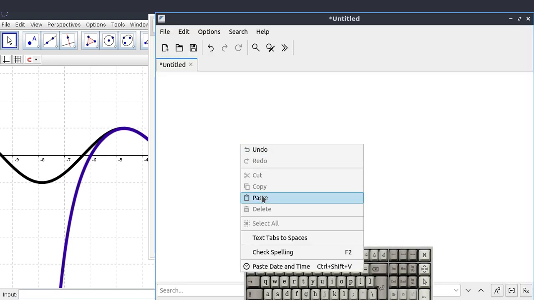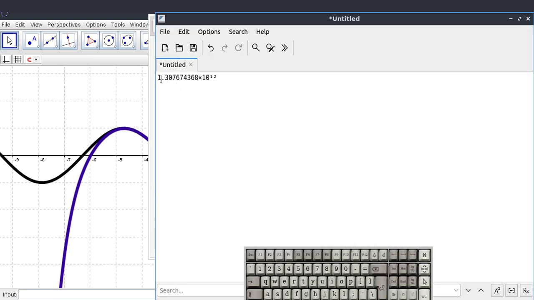So all of this times 10 to the 12. So that's the number we have there.